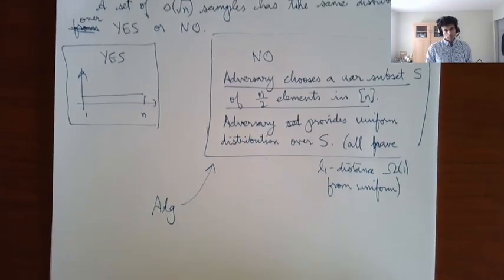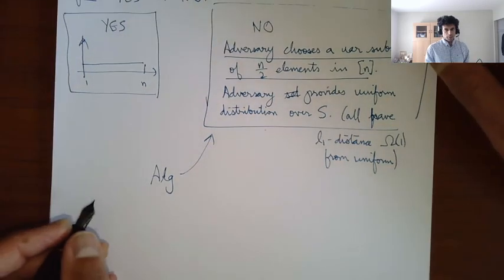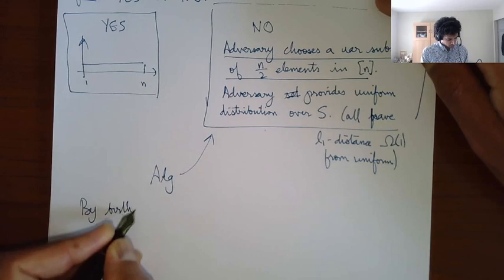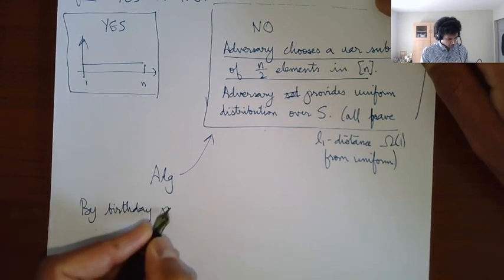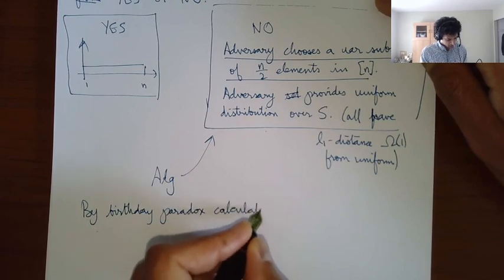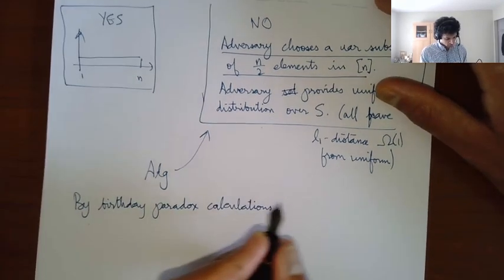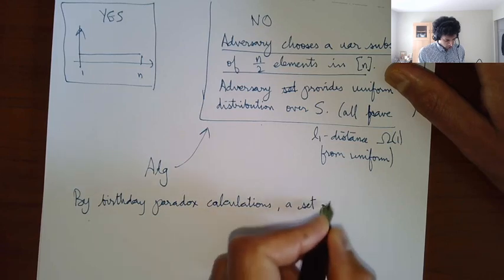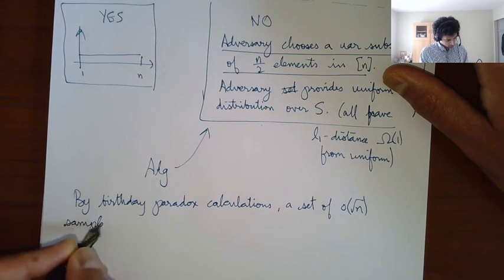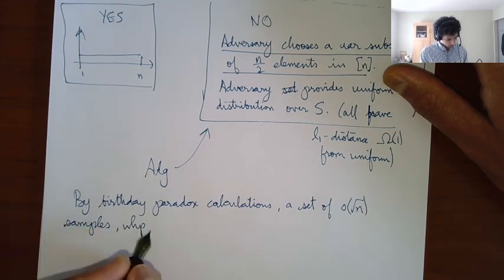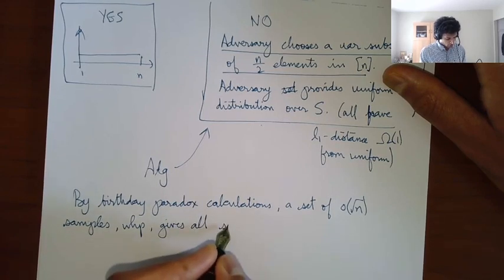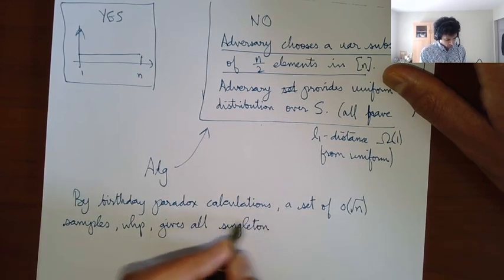I'm not going to work the math out explicitly, but you can see that by birthday paradox calculations, a set of little o of root n samples with high probability gives all singleton bins.